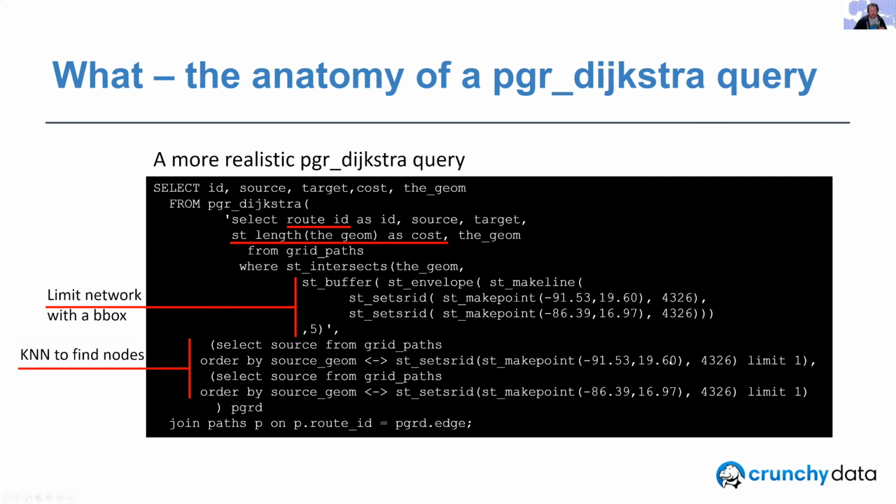So here are my lat longs, putting it in the right reference system, and then getting the geometry from it where that's the point, and then getting the source ID from that and providing that as that information. It says source twice. That's perfectly fine in this case, because I know that my grid points and my grid paths points are going to be fine with that, because they're interchangeable. They're both designed from the same place.